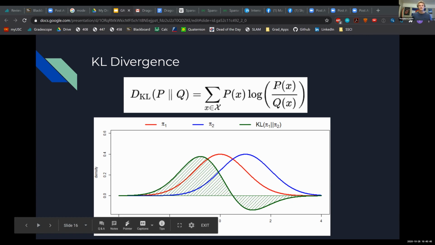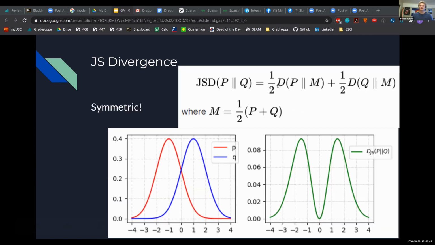And so instead, we use a slight modification called the JS divergence. What the JS divergence does is it computes the average of the two. This M here is the average, P plus Q divided by 2.